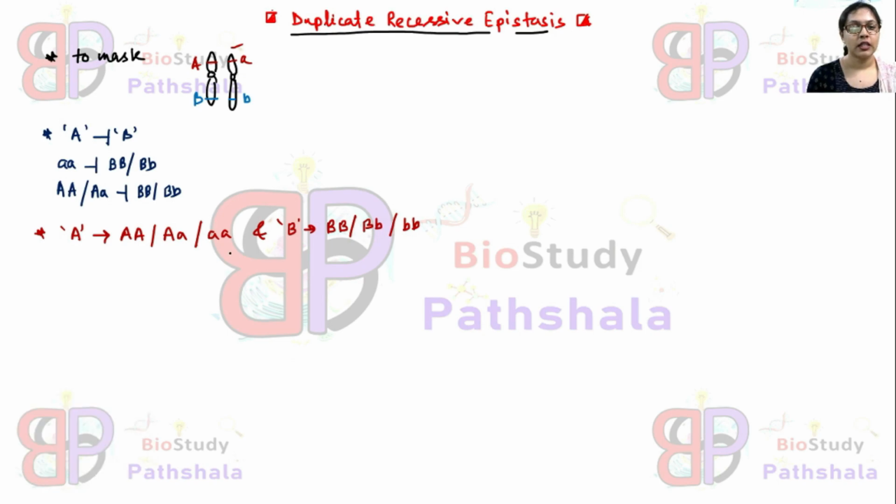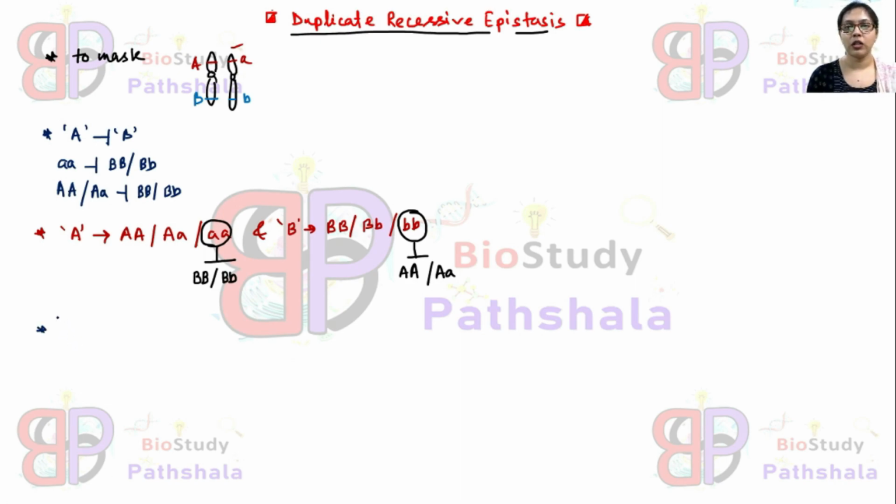So the homozygous recessive form of A gene and homozygous recessive form of B gene will mask each other. That means the homozygous recessive form of A gene will mask the effect of capital B or capital B small b, and the small b small b will mask the effect of either capital A or capital A small a.